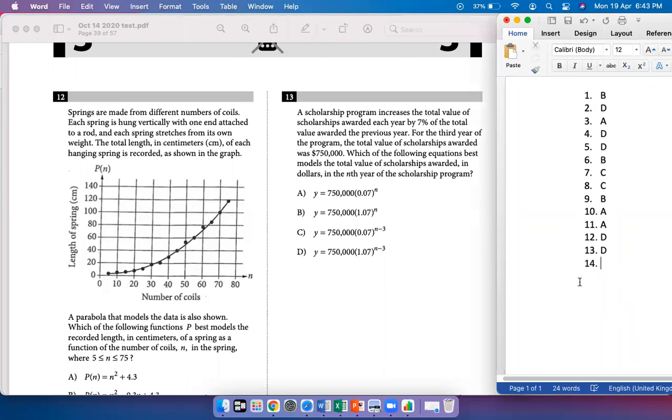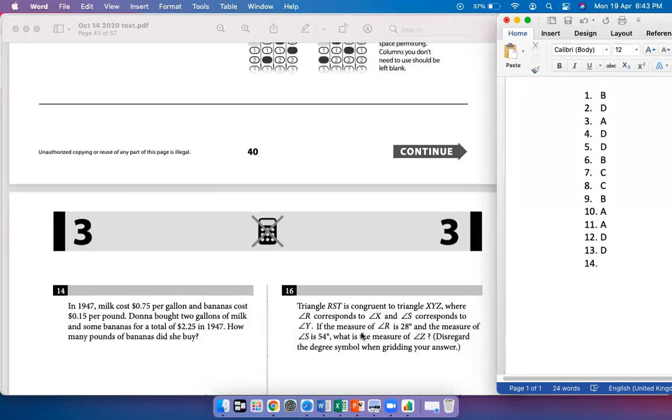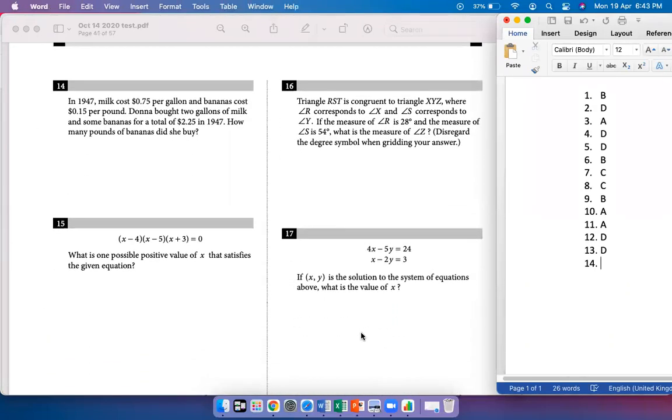Okay, let's go to the written questions. In 1947, milk cost $0.75 per gallon and bananas cost $0.15 per pound. Donna bought 2 gallons of milk and some bananas for a total of $2.25 in 1947. How many pounds of bananas did she buy? So for 2 gallons of milk, the cost will be 0.75 into 2.